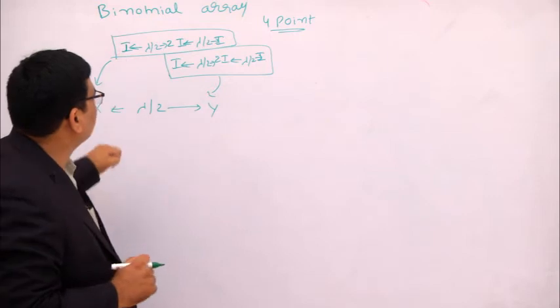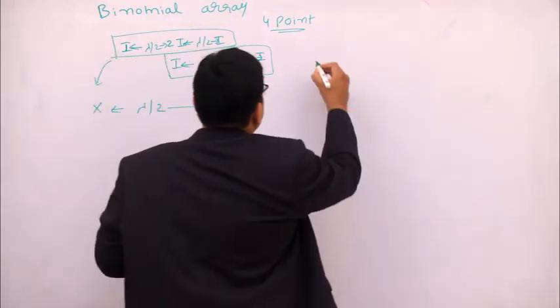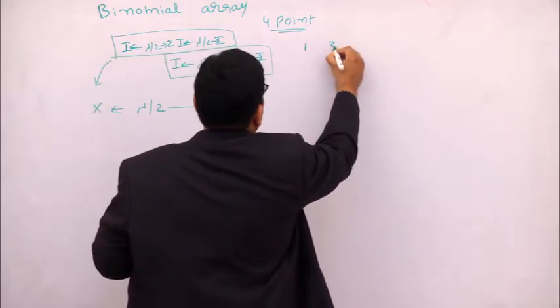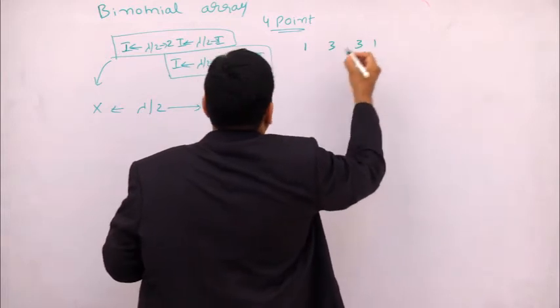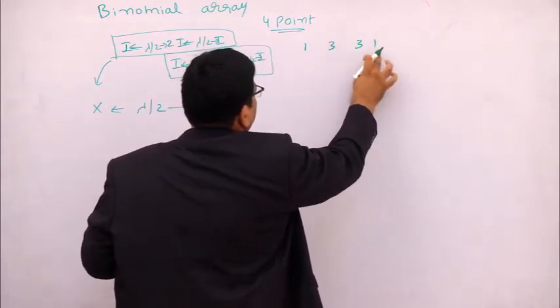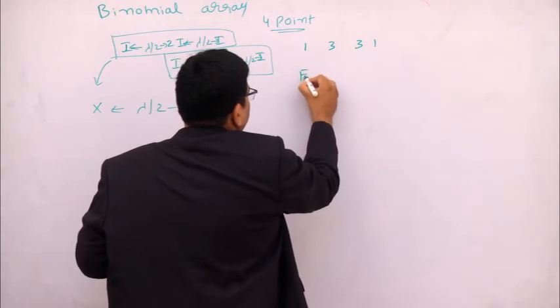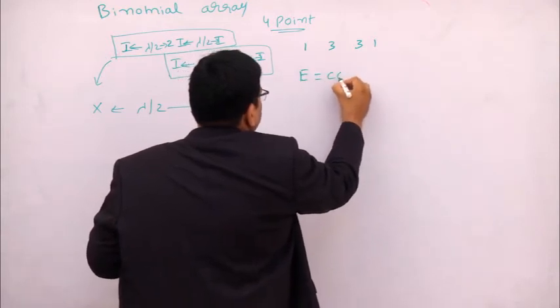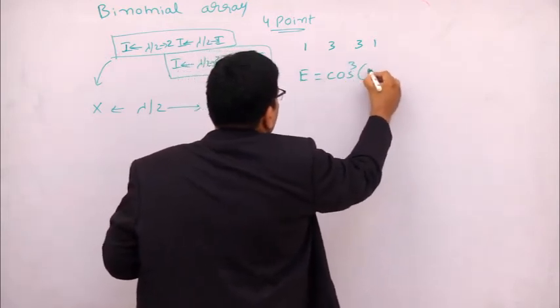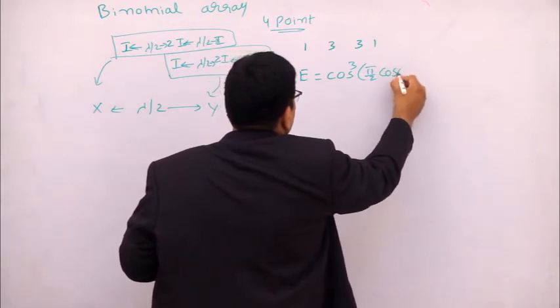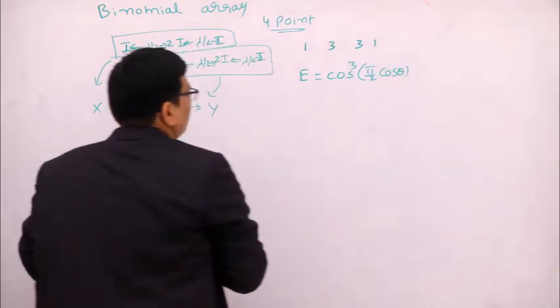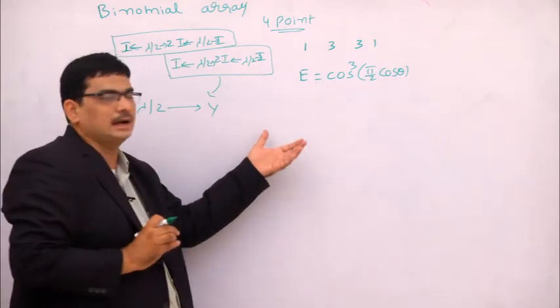But the current magnitudes, if you check here, are 1, 3, 3, 1, and your total field E is equal to cos cube of pi by 2 cos theta.